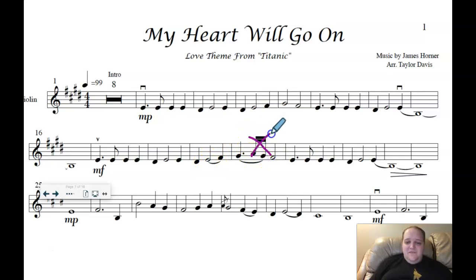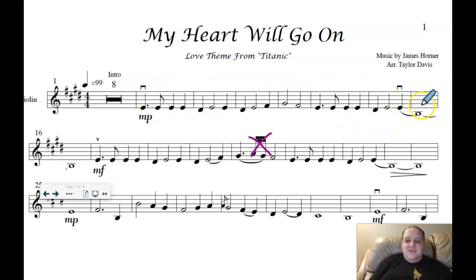I'm going to take these notes out for good reason. Now, looking at these 19, 20, 21, 22, 23, 24 measures. You could probably make these 24 measures much shorter than 24 measures, right?